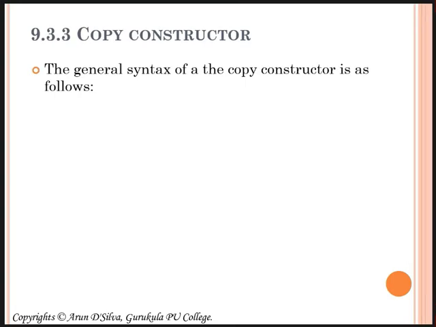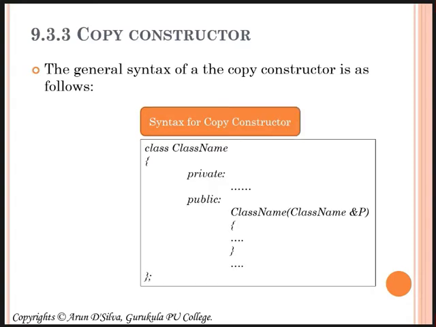The general syntax of the copy constructor is as follows. Similar to how you created the default or parameterized constructor, it is similar to the parameterized constructor. You create it with the class name, and then the private section will be there. The constructor must be in the public section only.